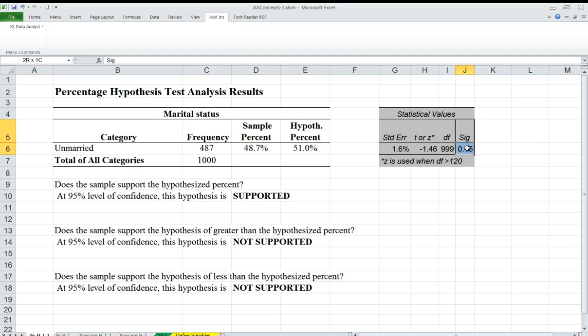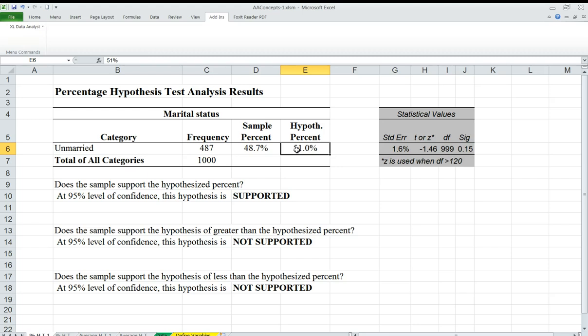Looking at the significance level, I see that it is larger than 0.05, which means that I cannot reject the hypothesis of equality. In other words, the proportion of unmarried people is not statistically different from 51%.